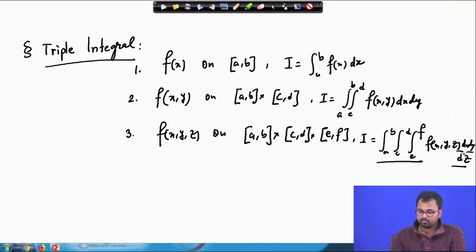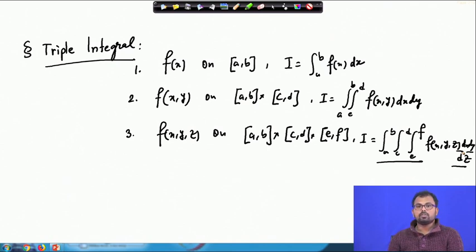Now we know that in case of a function of one variable we could define the upper integral sum and lower integral sum. From there we defined the upper integral and lower integral accordingly, and if the upper integral and the lower integral are the same, then we say that the function is integrable or Riemann integrable. In case of a function of two variables, a similar concept works.